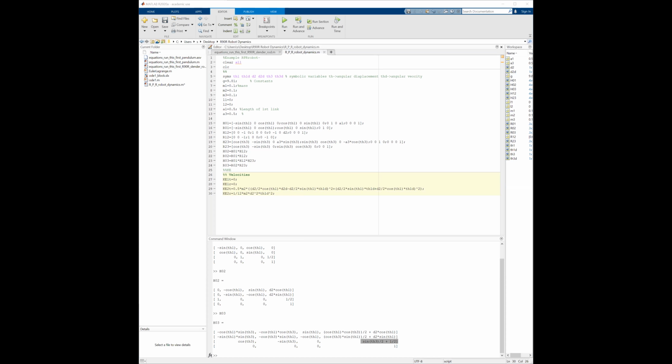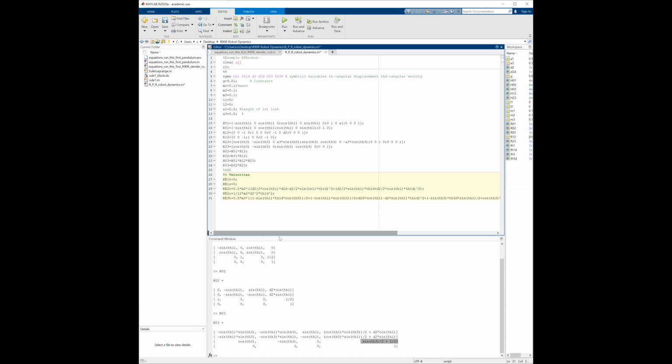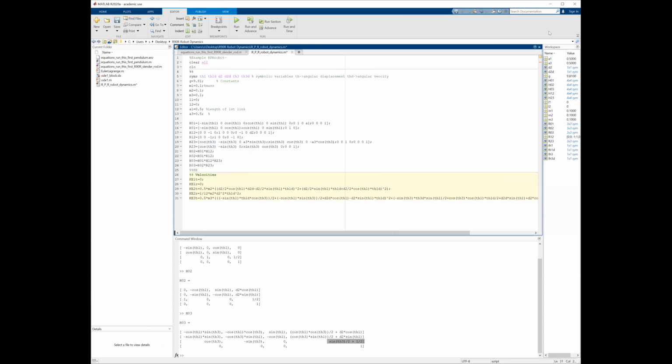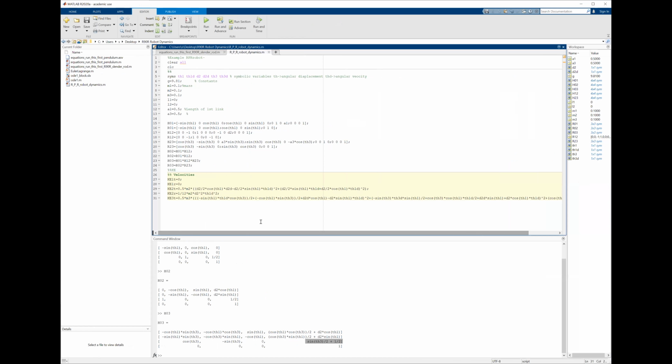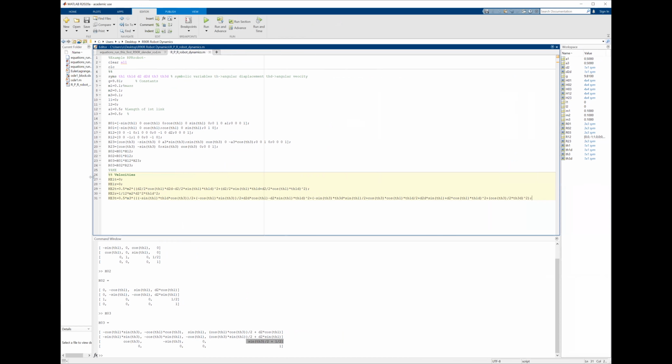Then the kinetic energy of the translation of the third mass is going to be this big long expression, and I'll show it in just a second.